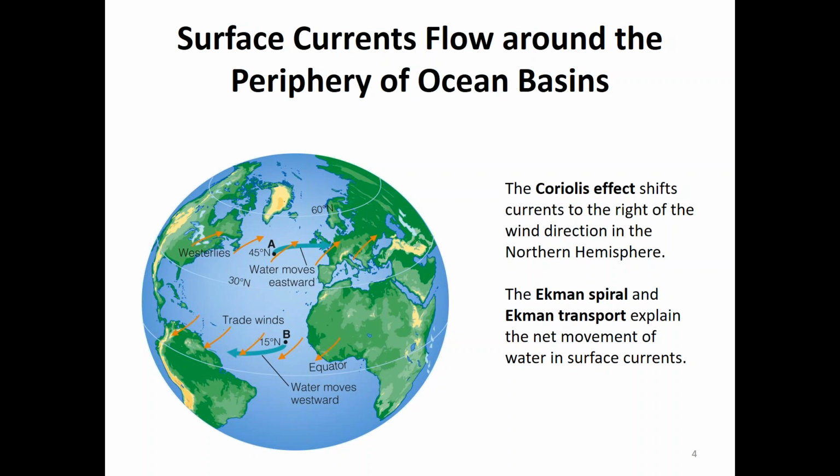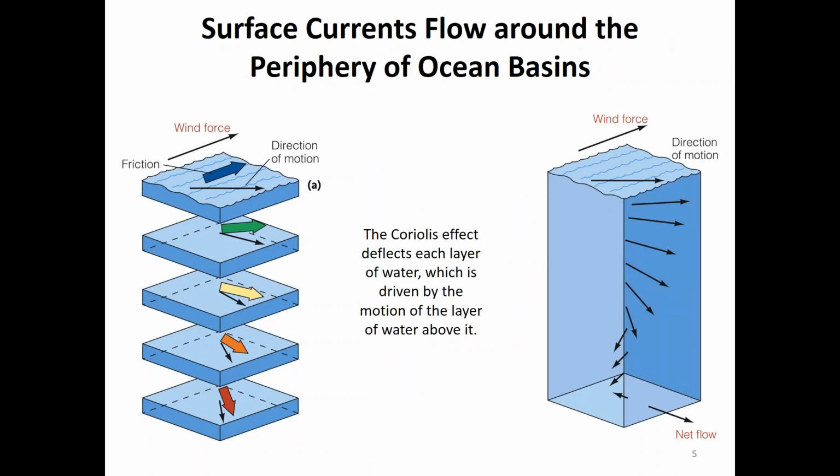This Coriolis effect applied to the motion of the water gives rise to what's known as the Ekman spiral, and from the Ekman spiral comes the Ekman transport. The Ekman transport describes the net movement of water in these surface currents. That's what we're going to talk about next, what this Ekman spiral and Ekman transport are. So why Ekman? Well, it's just named after a person.